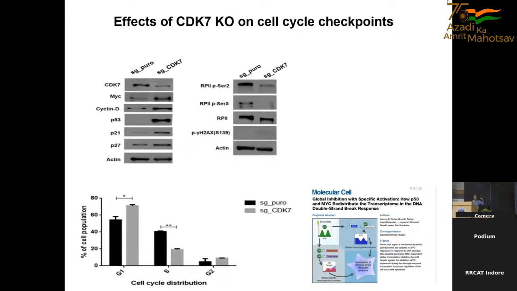So if XL102 induces DNA damage more effectively, then MYC expression goes down, but genetic ablation was not able to induce the DNA damage as effectively. So probably that is one of the reasons. However, we are still trying to resolve this puzzle. But based on this paper, we are so far convinced that it is because of the level of DNA damage that we found in the knockout clones. In the knockout clones, again, the cells were arrested in the G1 phase of the cell cycle.